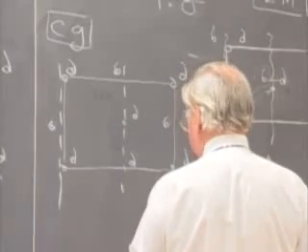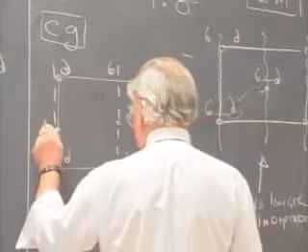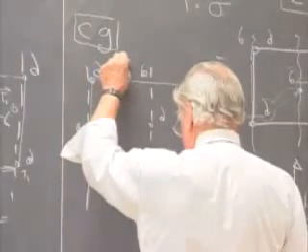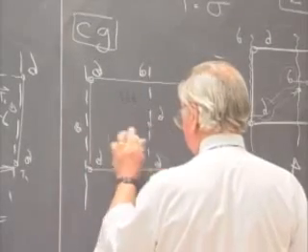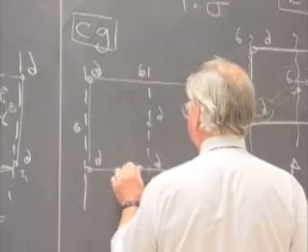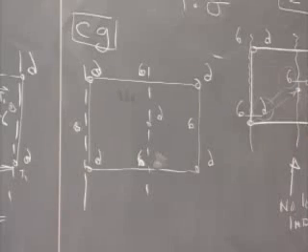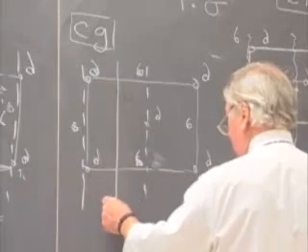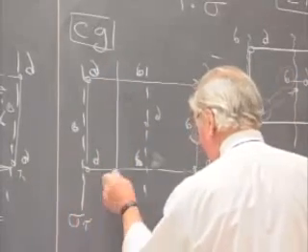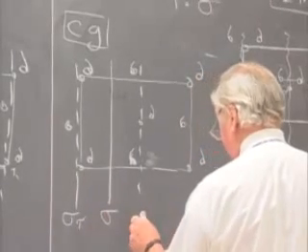Now you can see just by looking at the pattern, whoops, what did I do here? I want to move this one up to here, and I want to move this one up to here. This one should be in this location. Okay. Now if I look at that pattern, what I've done is to create, a quarter of the way along the translation, a pure reflection operation.